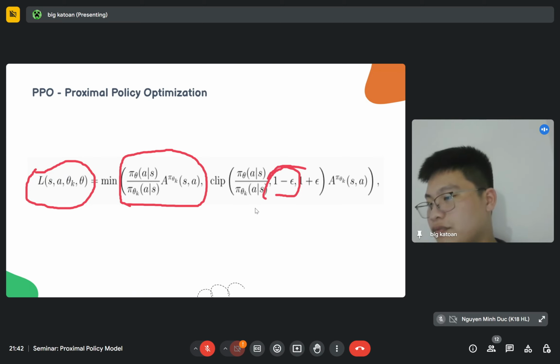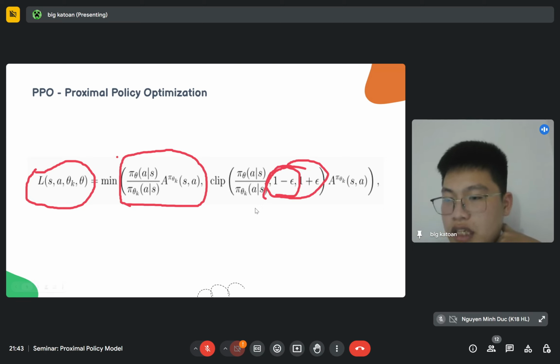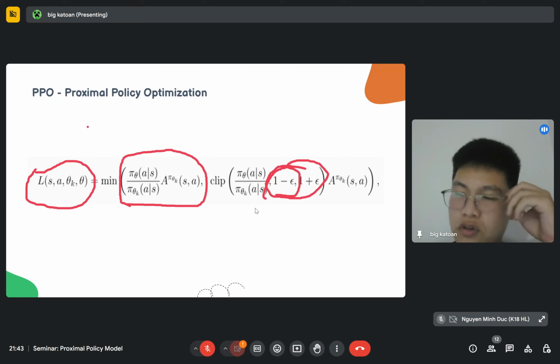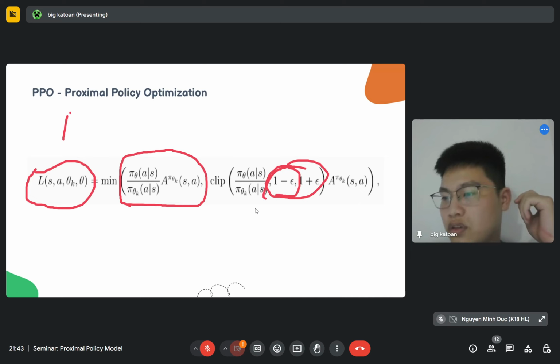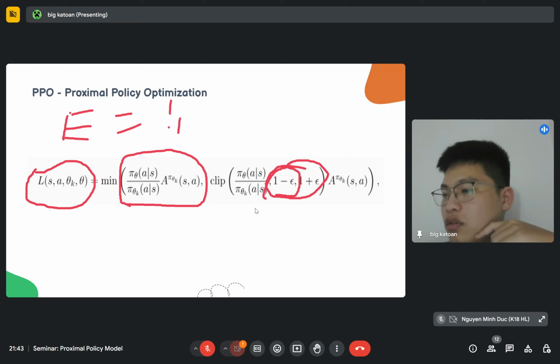Why do we want that? Because actually the expected model, the E model, is a linear model.